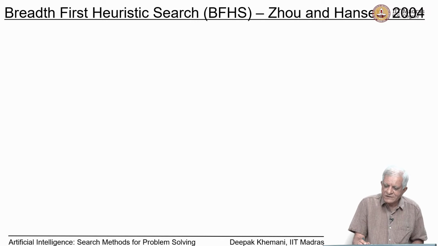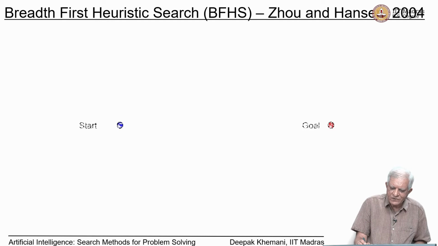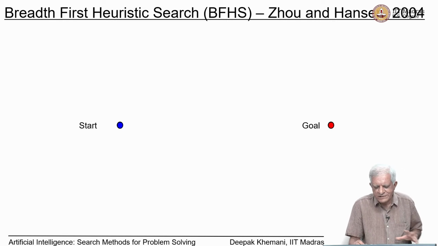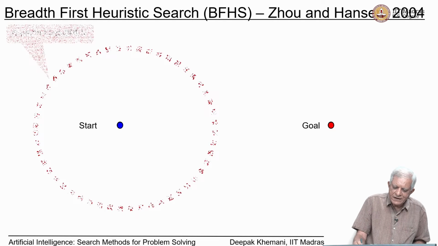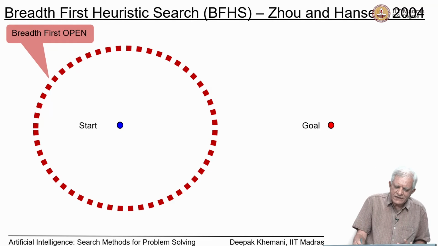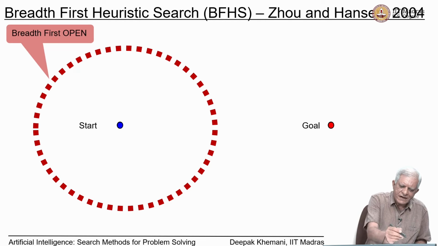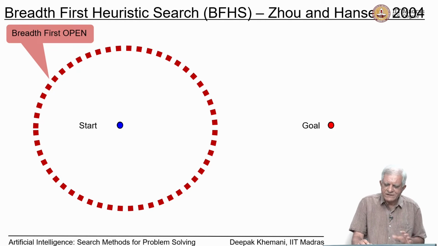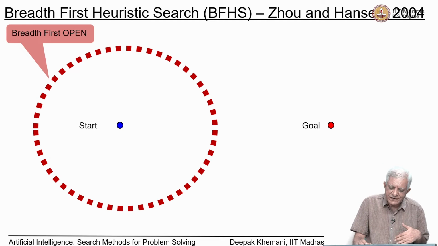It was also given to us by Zhou and Hansen in 2004. So, there was a spurt in A star and variations around that time, and quite a few algorithms were proposed. So, if this is your start node and this is the goal node, and if you had done breadth first search, then our algorithm is going to be breadth first essentially, which is to go level by level deeper into the search space.